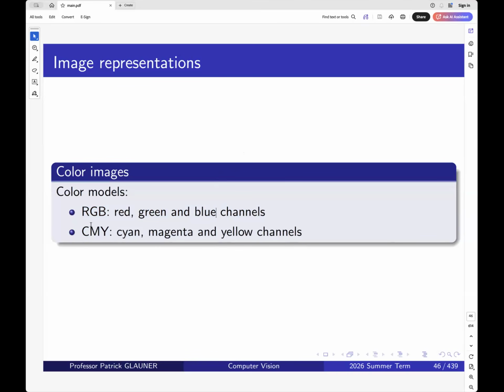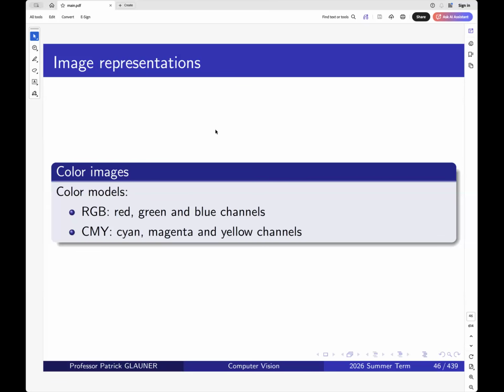You lose information, so converting back from grayscale to RGB isn't that easy. That's something called image colorization. It's a task for which a lot of neural networks are nowadays being used, trying to color images, for example old historic images from 100 or 120 years ago, where you want to see what they may have looked like in color.